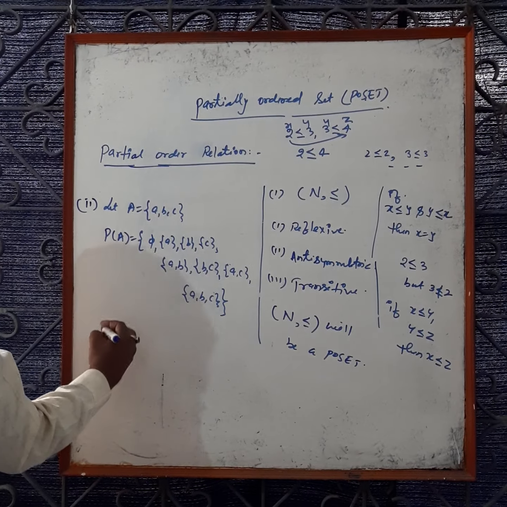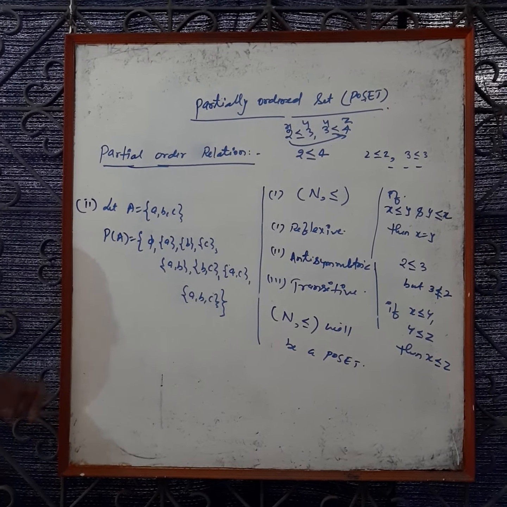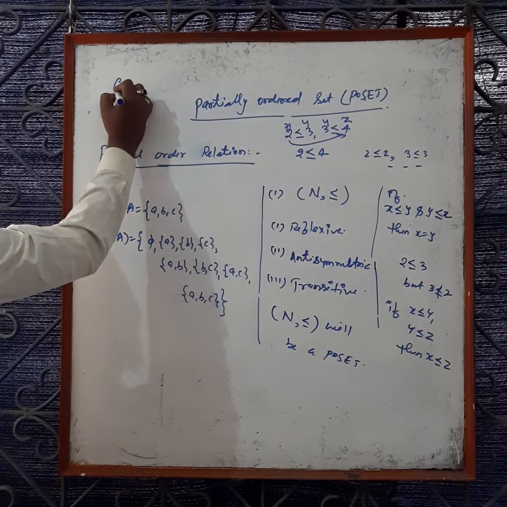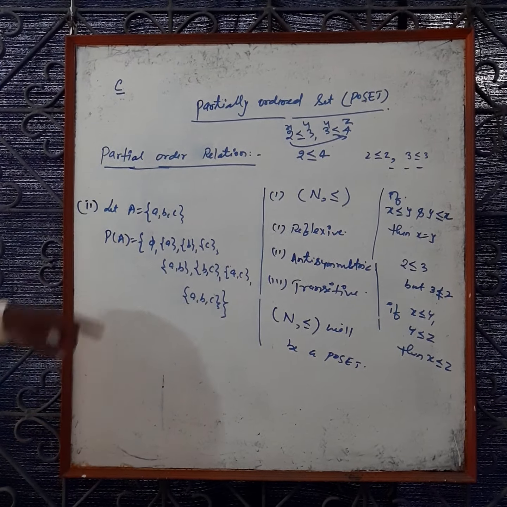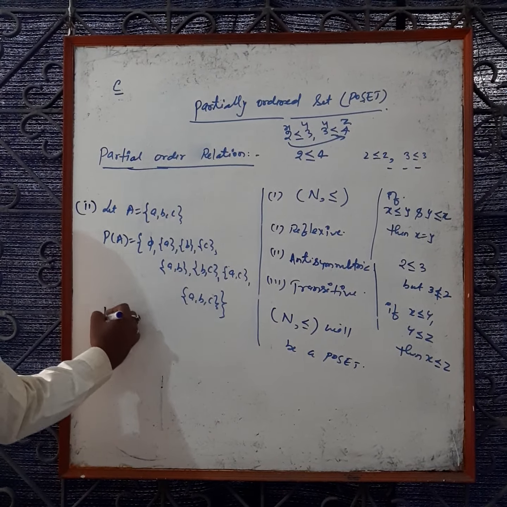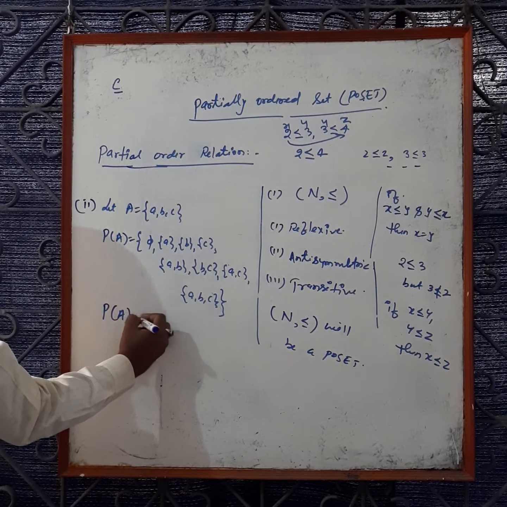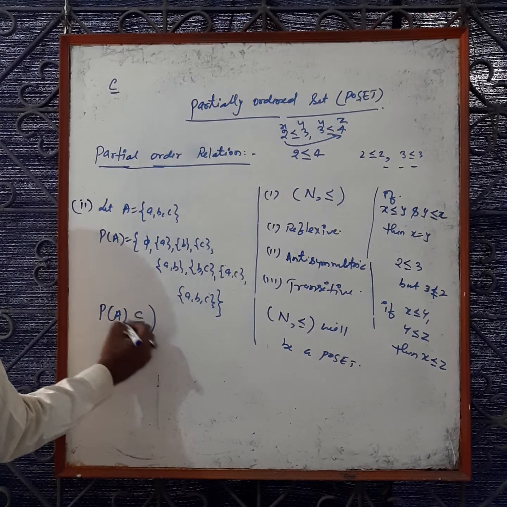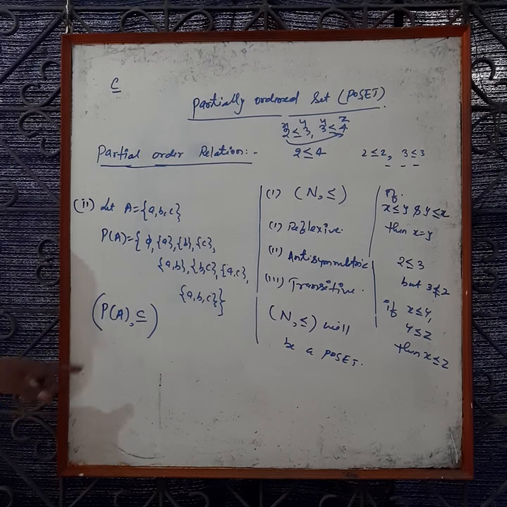We define a relation of subset, which is also called inclusion relation. P(A) under the relation of subset. We check whether it is a poset or not.